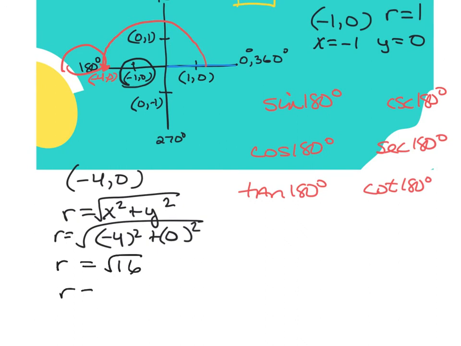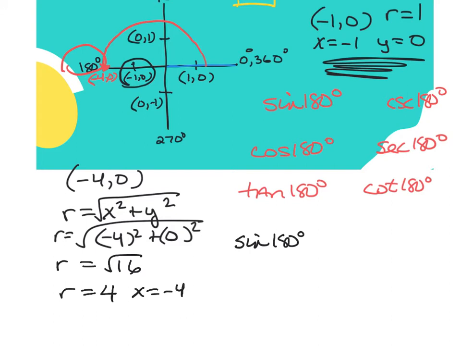I square root it, and my R value is going to be 4. So let's say we go ahead and do the sine of 180, but instead of using this information up here, I'm going to use R equals 4, X equals -4, and Y equals 0.